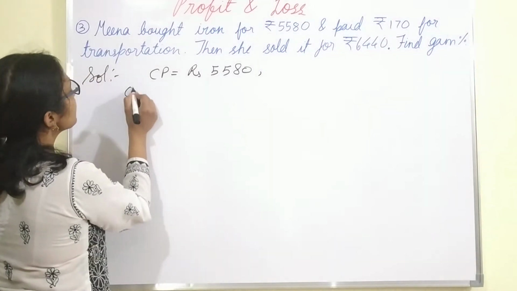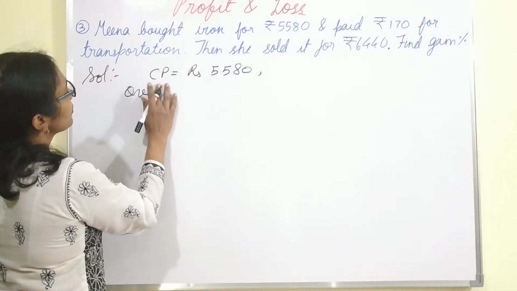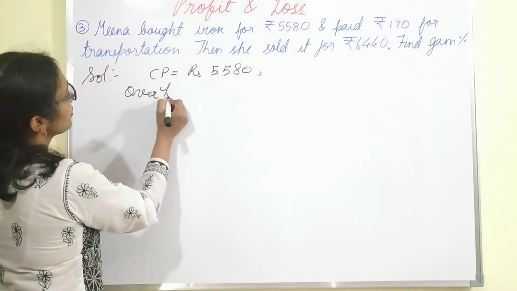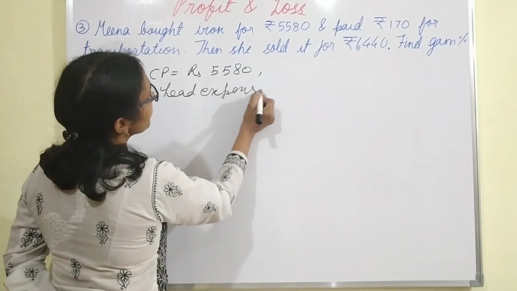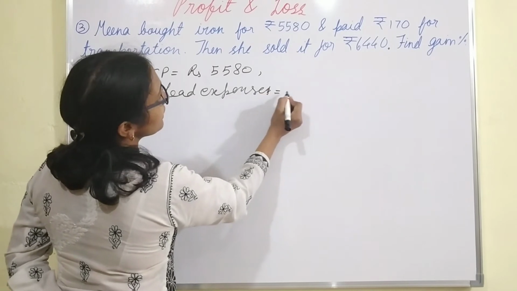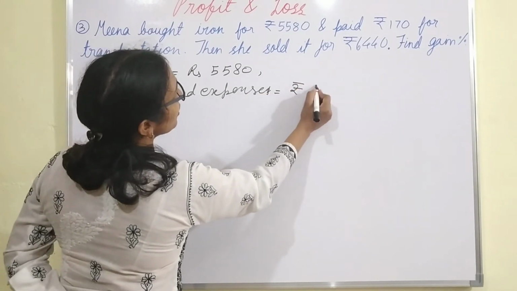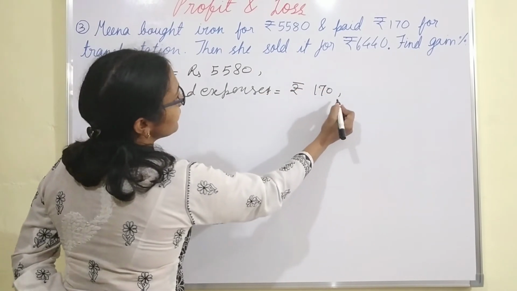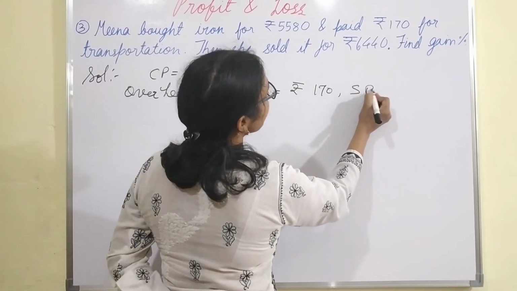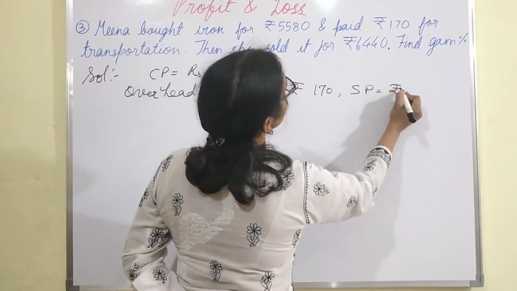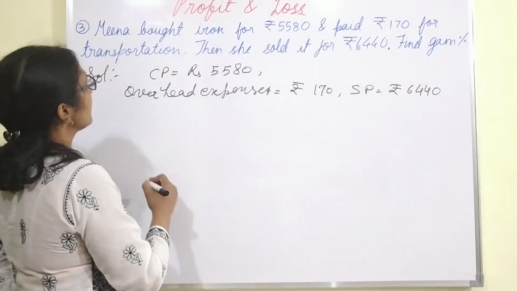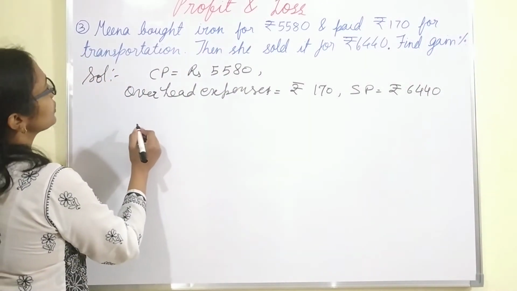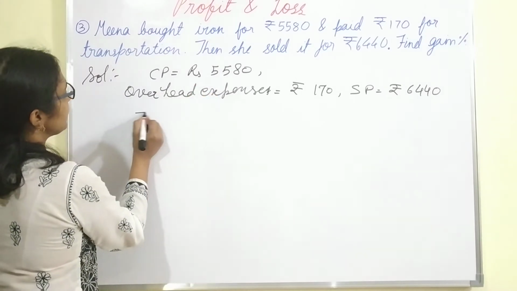Overhead expenses equal rupees 170, and then she sold it for rupees 6440.